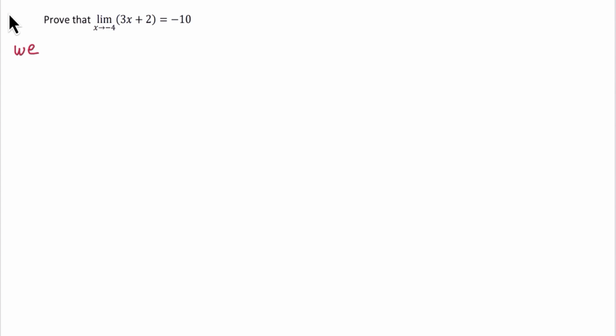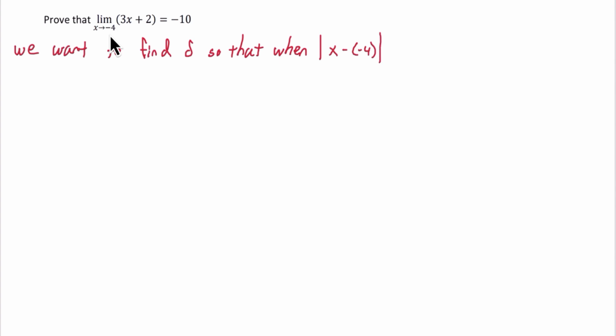Basically, we want to find delta so that when the distance between x and -4 is less than delta, then the distance between our function 3x plus 2 and the limit, in this case -10, is less than epsilon.